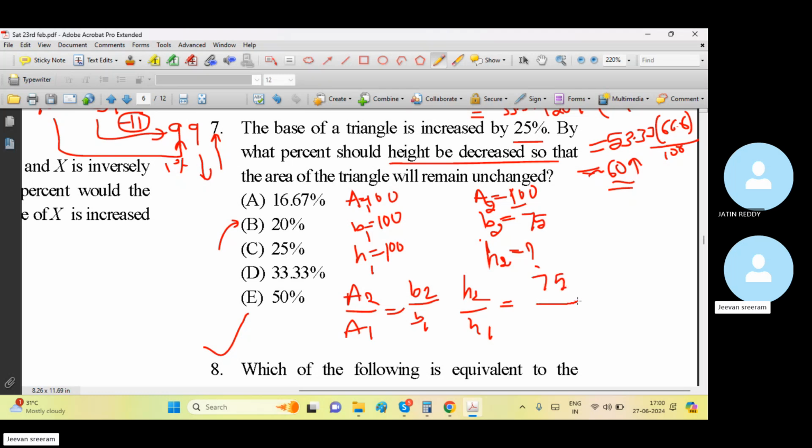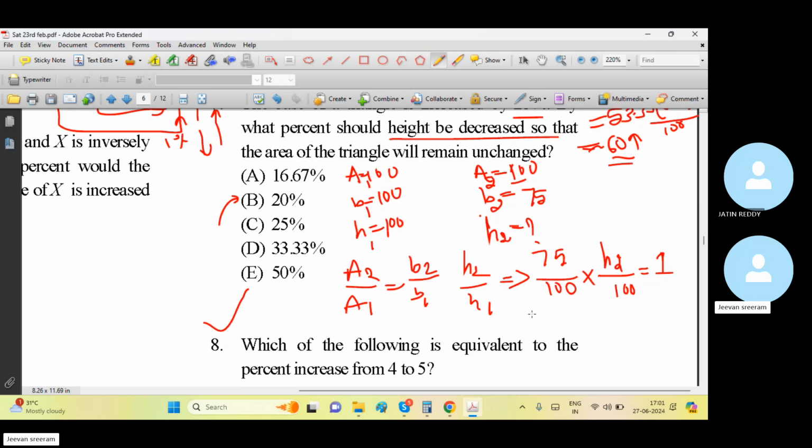B2 is 75, B1 is 100. H2 we should be able to find out. H1 is 100, and both A1 and A2 are going to be same, right? So the ratio is going to be 1, correct? Yes, sir. So H2 is equal to 10,000 divided by 75. 25 threes are 75, 25 fours are 100.